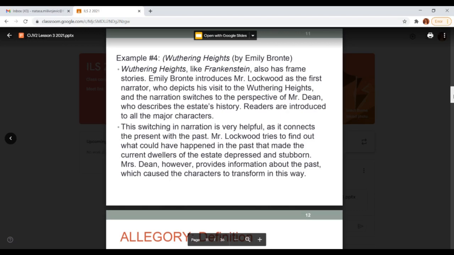Mr. Lockwood tries to find out what could have happened in the past that made the current dwellers on the estate depressed and stubborn. Mr. Dean, however, provides information about the past which caused the characters to transform this way. So you have these two perspective shifts framing what's being depicted and unfolding in front of us.